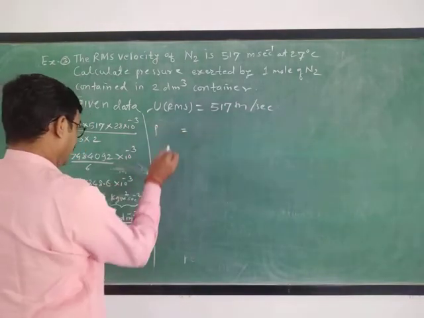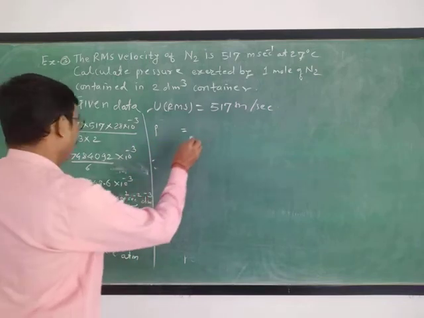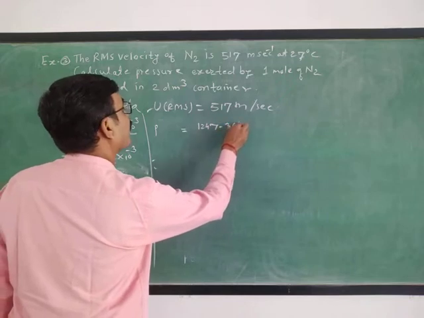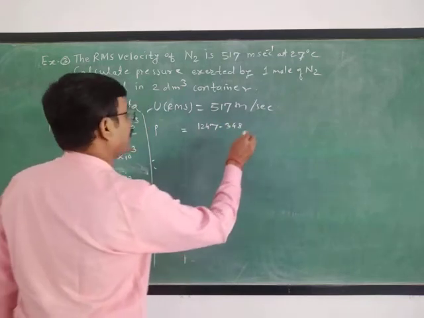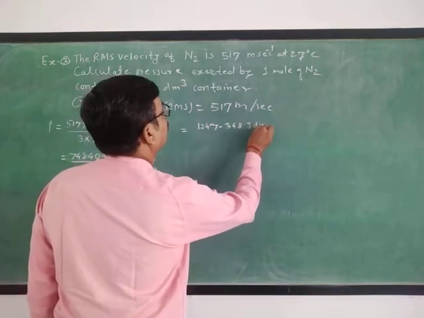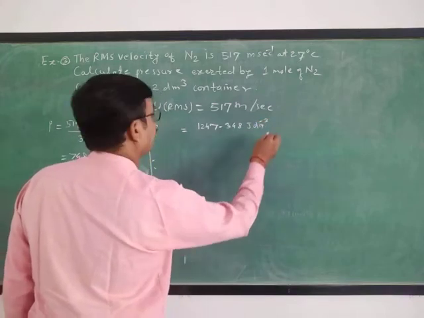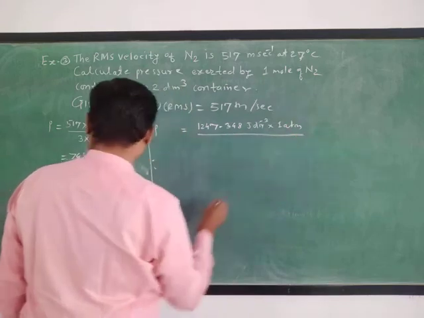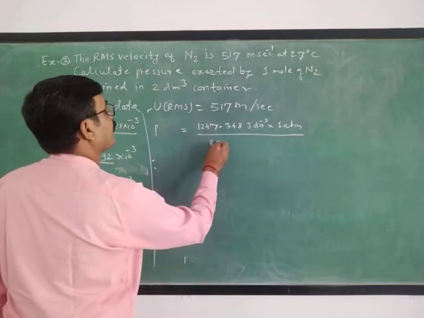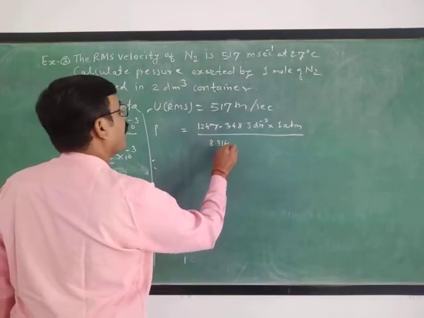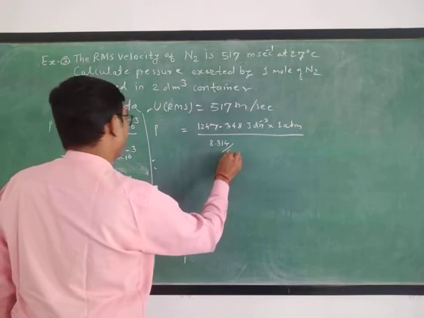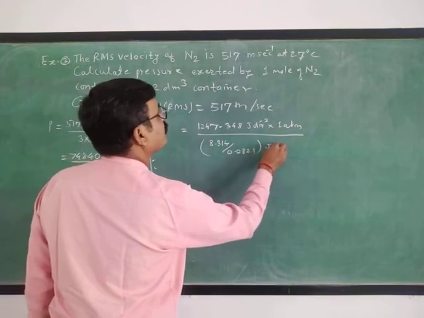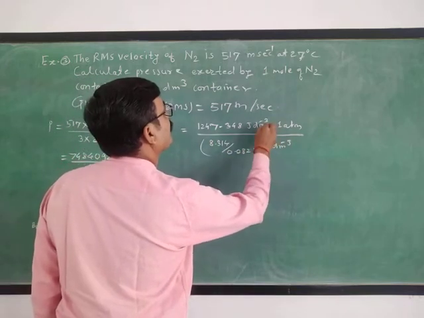Pressure in atmosphere is equal to 1247.348 joule per dm cube into 1 atm, divided by 8.314 upon 0.0821 joule per dm cube.